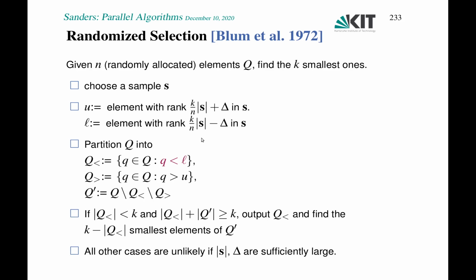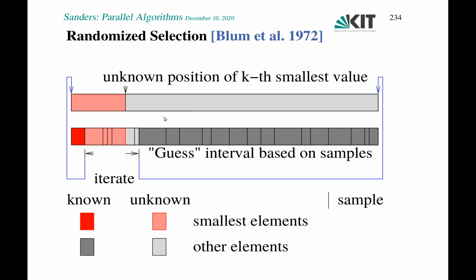Before I go into the formulas, maybe let me show it to you in a picture. So suppose these are our n elements in sorted order. We don't have them in sorted order, doesn't matter, it's just a conceptual picture. And we are interested in these k red elements.